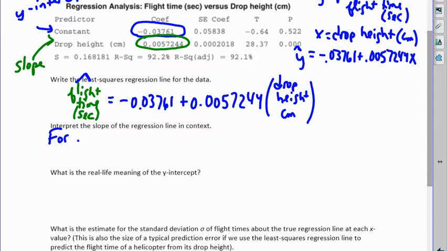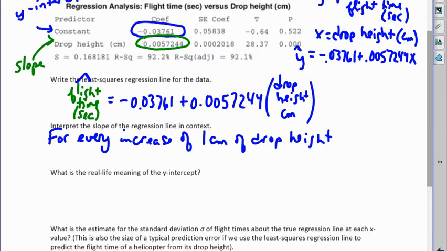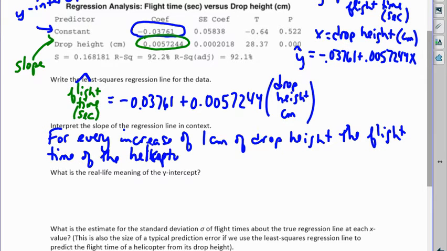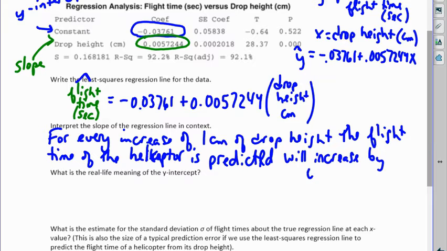So for every increase of 1 centimeter of drop height, the flight time of the helicopter is predicted, or estimated, or some word to show that you're just predicting it, will increase by 0.0057244 seconds.